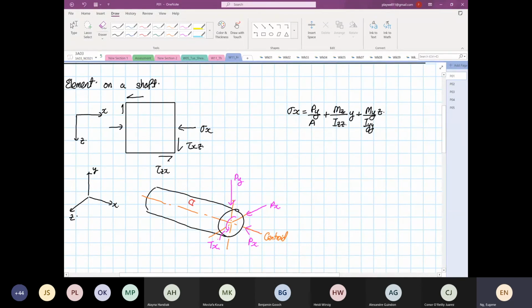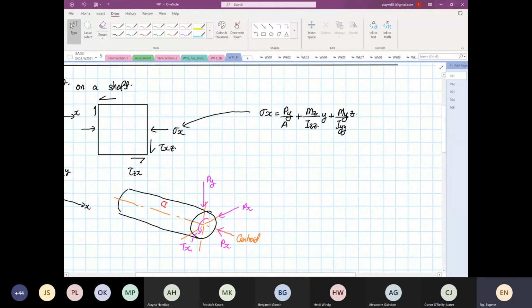So this is the stress working in the x direction.